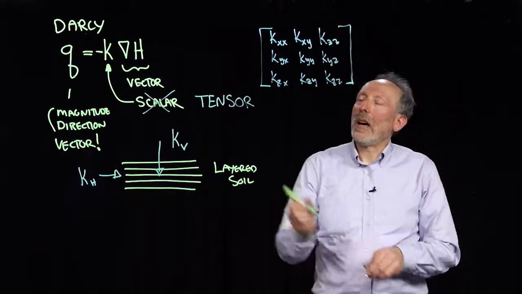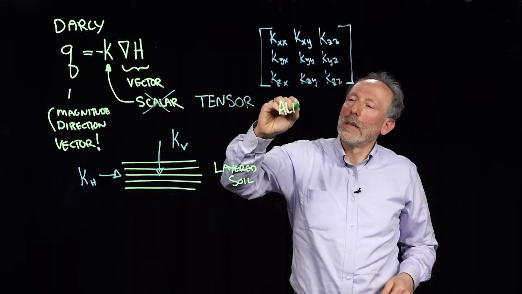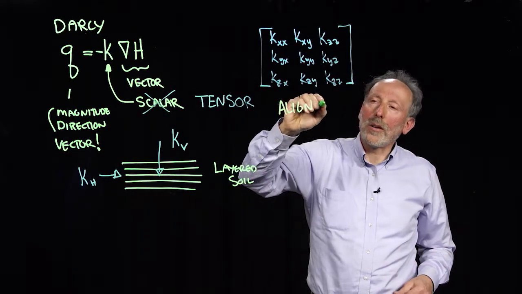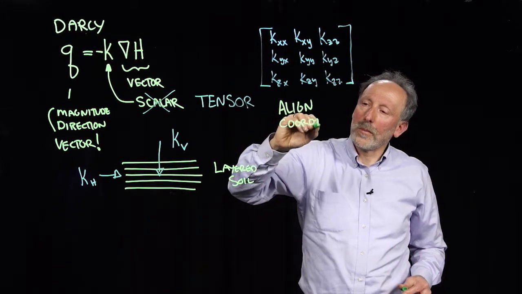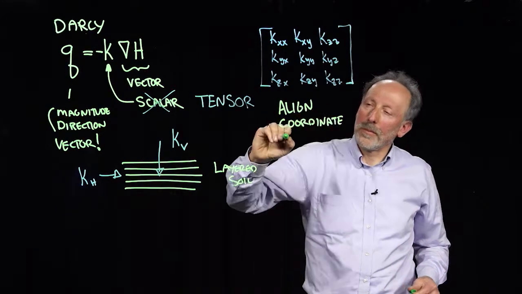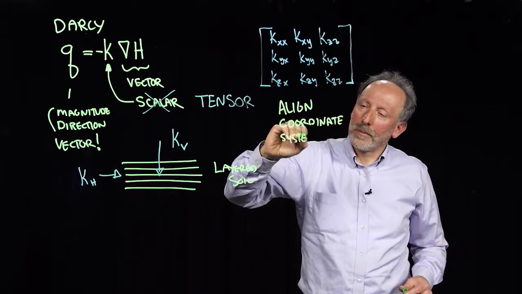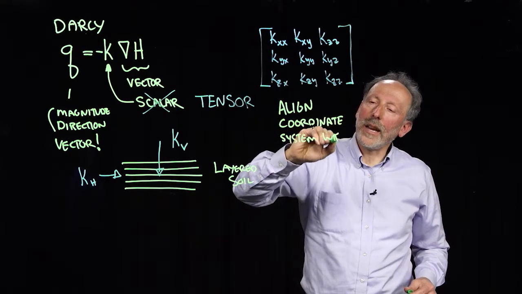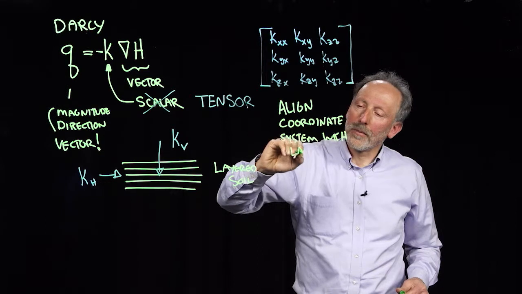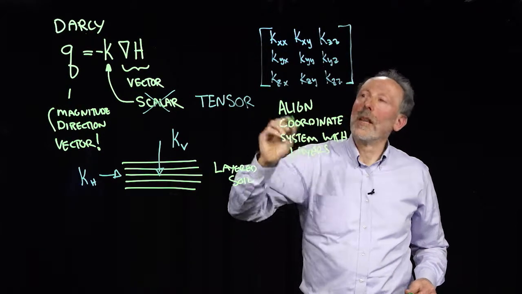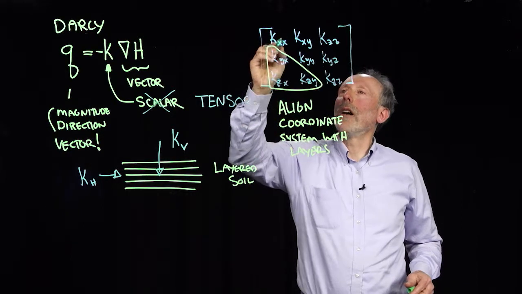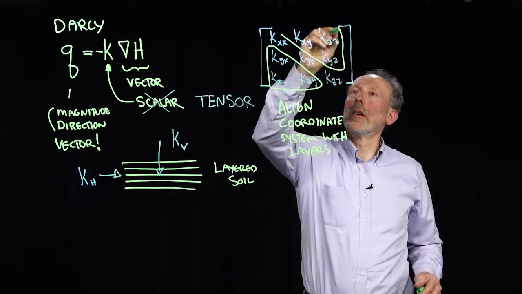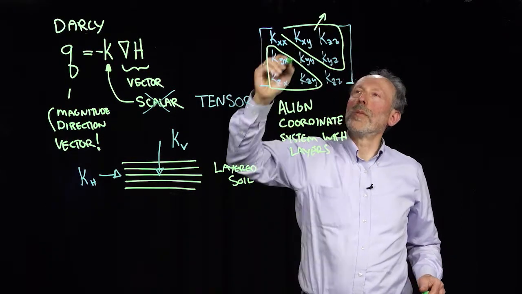But if we align our coordinate system with the layers, then all of what are called the off-diagonal terms become 0.